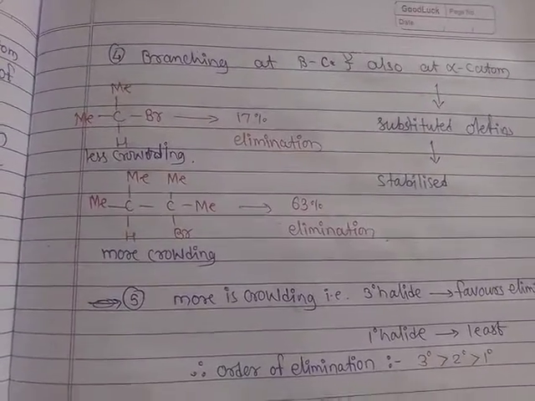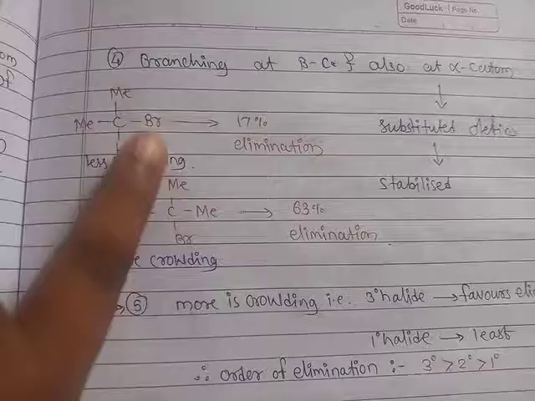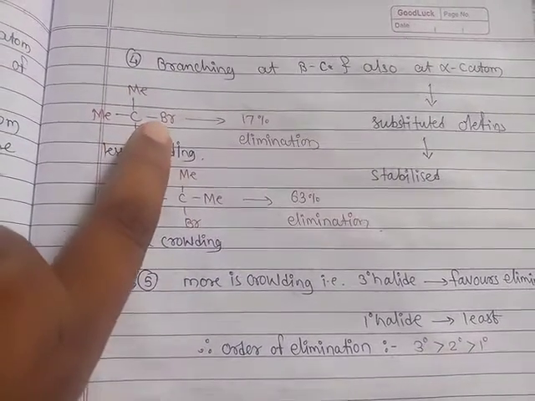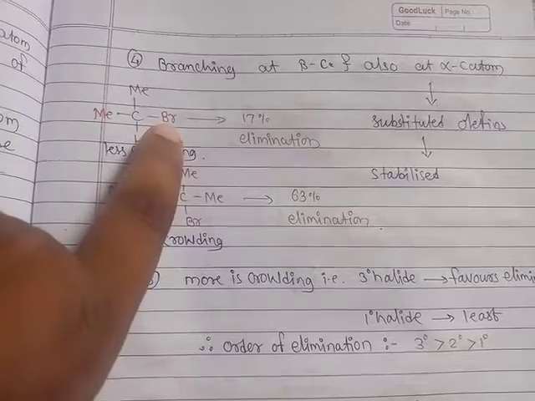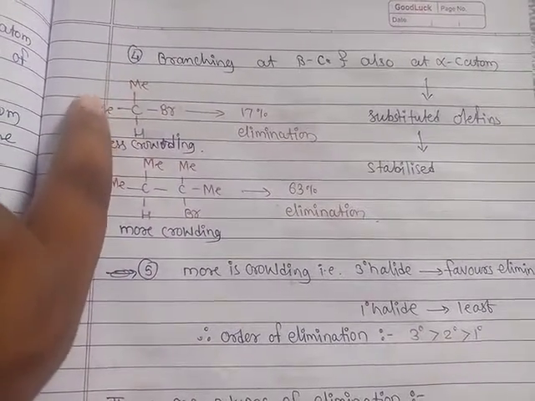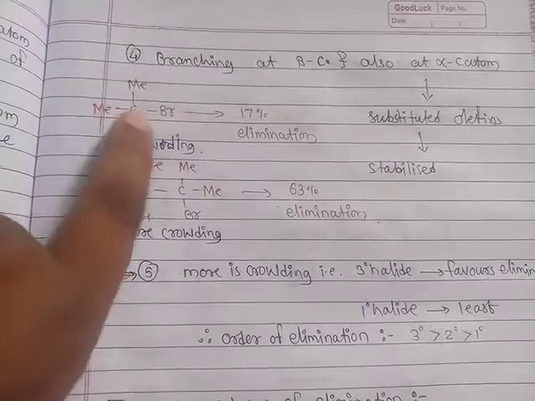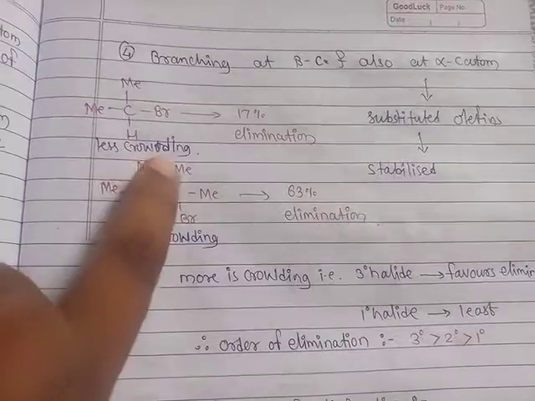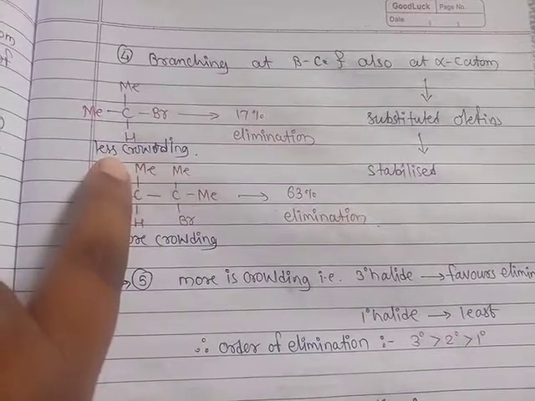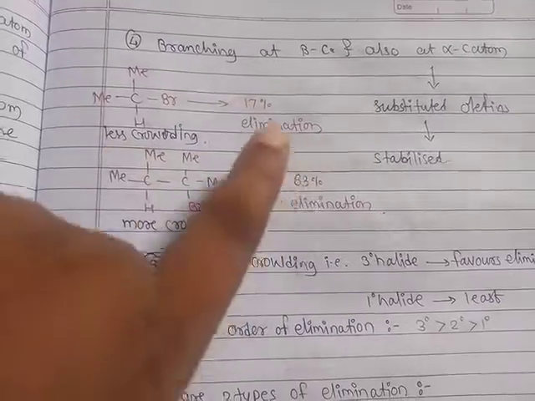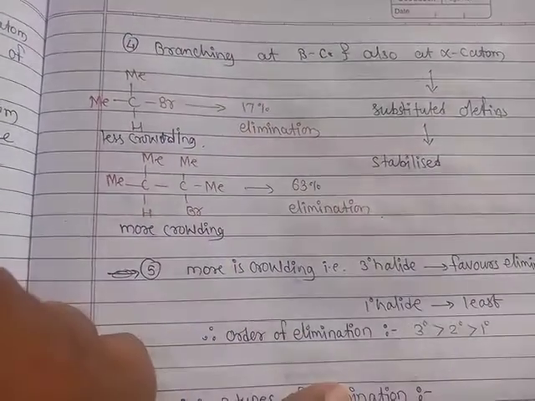See friends, in our first compound, the carbon directly attached to the halogen atom is attached to one other carbon atom, which means its degree is secondary. So less crowding is present, and it gives only 17% elimination product.